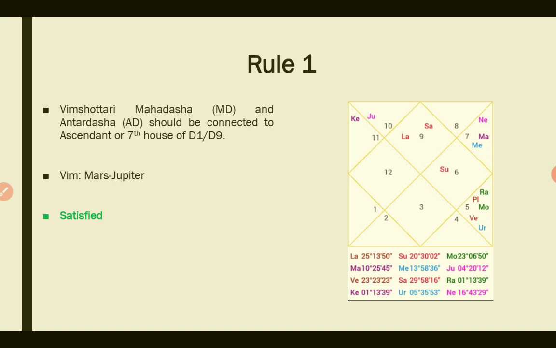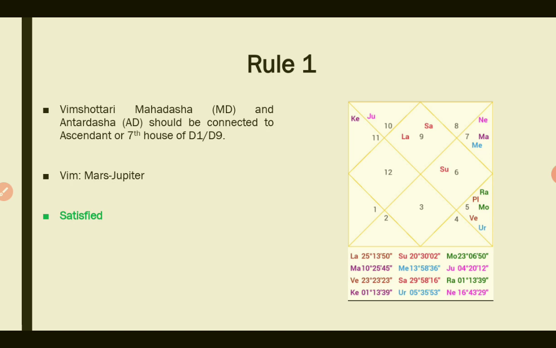Mercury being the 7th Lord, Mars is conjunct the 7th Lord. Thus Mars is connected to the 7th house. And as for Jupiter, Jupiter itself is the ascendant Lord. So both Mars and Jupiter are connected to the ascendant and 7th house in the D1 chart. So this rule is satisfied.